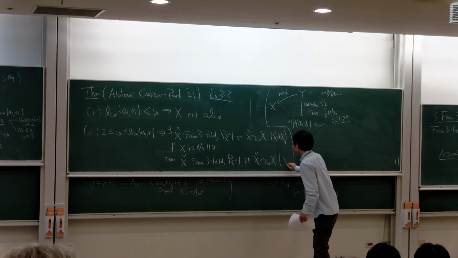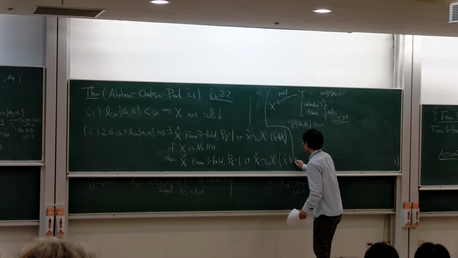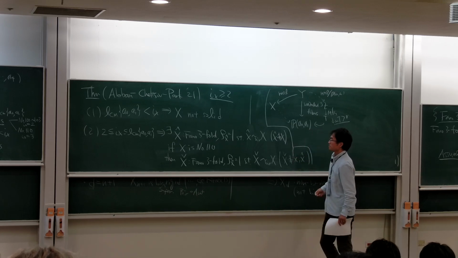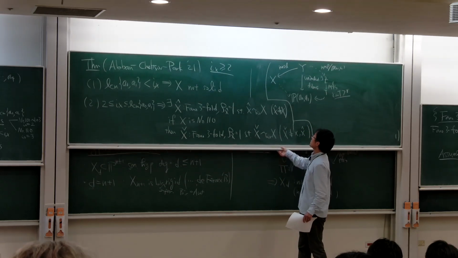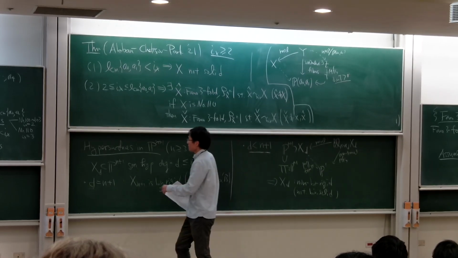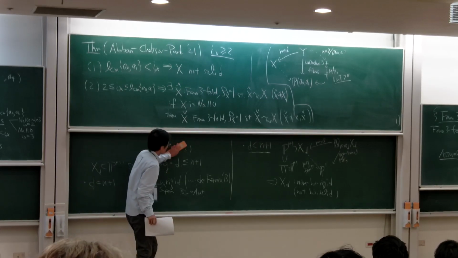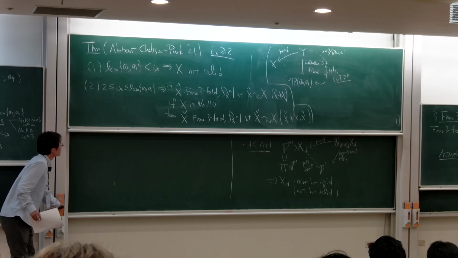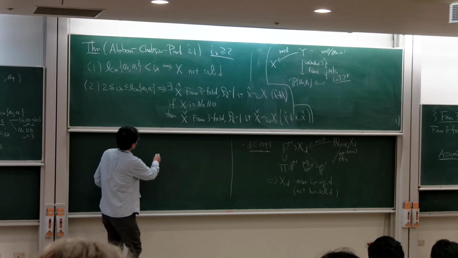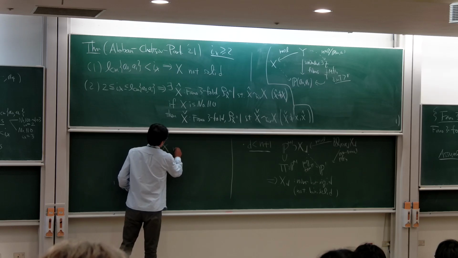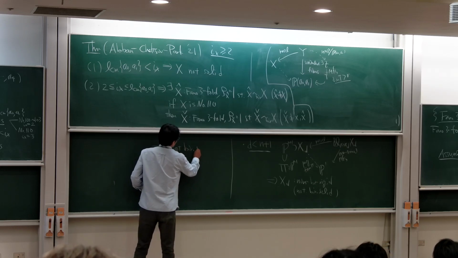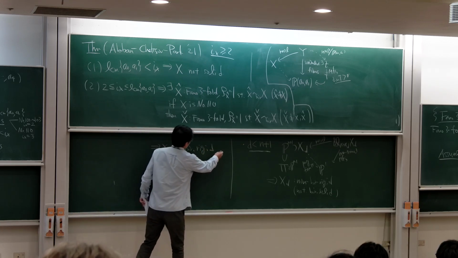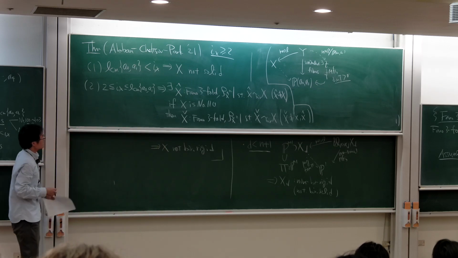And it's not isomorphic to the previous models. So in this case, X is not birationally rigid. So this is their result.